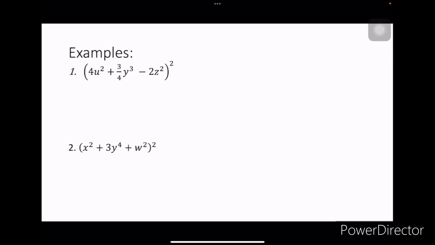So you will have the quantity of 4u squared plus 3/4 y cubed minus 2z squared, quantity squared. So it falls in the square of a trinomial. Now with that, you just simply square the first term. So you have 4u squared, quantity squared, plus the square of the middle term, so you have 3/4 y cubed raised to 2, plus negative 2z squared, quantity squared, plus 2 times the first term and the middle term.